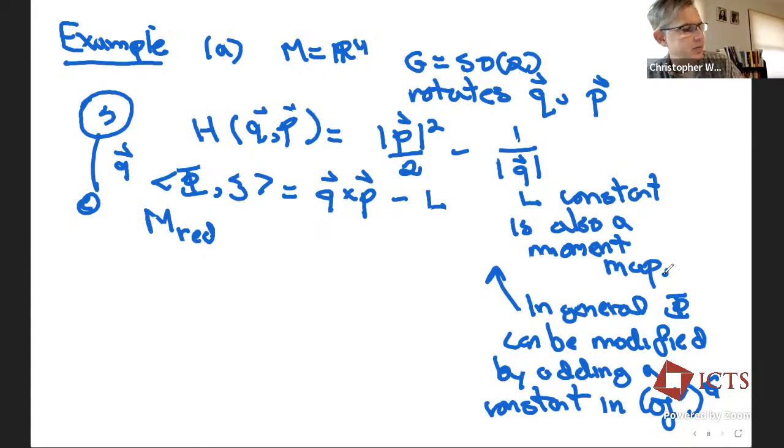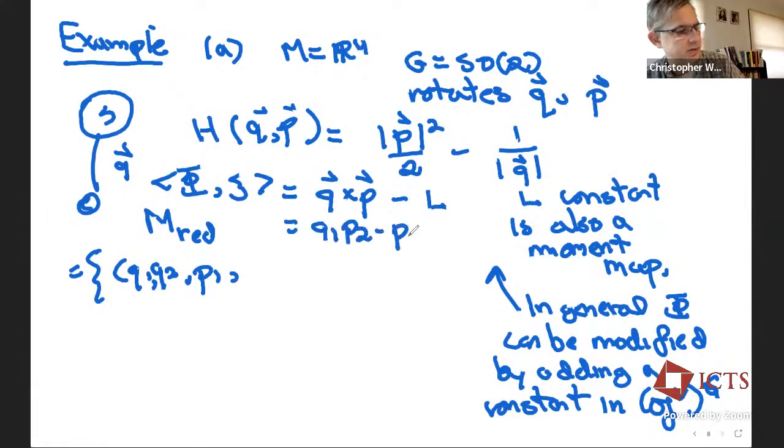And so then M red is, well, I take Q1 and Q2 and P1, but then P2 I can solve for using the fact that the moment map is 0. So this is Q1 P2 minus P1 Q2 minus L. Hold on, I did the same term twice.